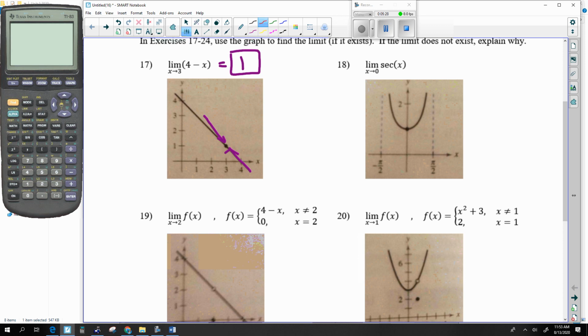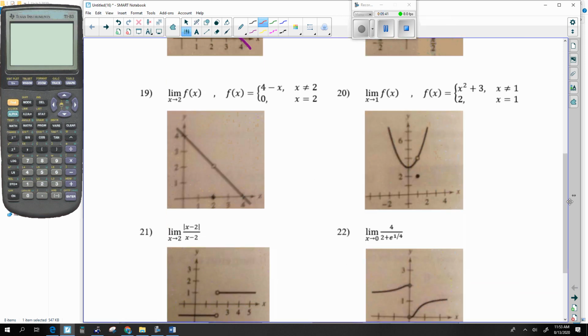Number 18, going to 0. So going to 0 from the left, from the right, they both point at the same thing. I'm assuming that's at 1. So again, that's 1. Okay, here we got a closed dot and an open dot. Right here, they're asking when is the limit going to 2. So the left and the right, again, they point at the same thing.